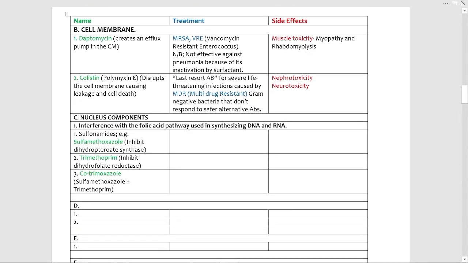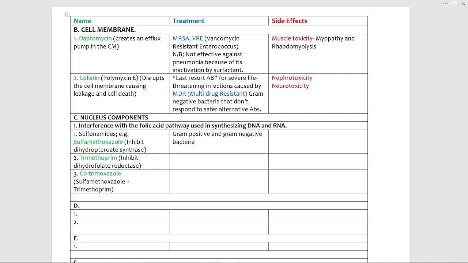Now, when it comes to treatment, under which circumstance do we use this drug? So the sulfonamides are broad spectrum, very much convenient against gram positive and gram negative bacteria.